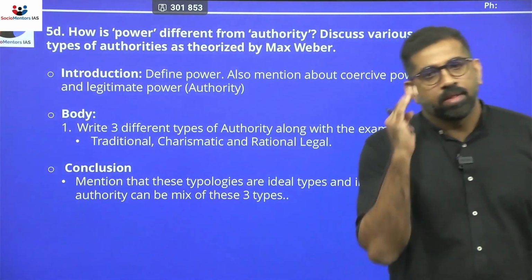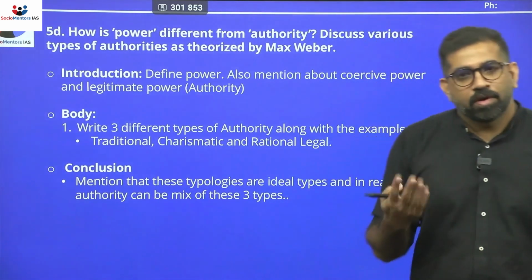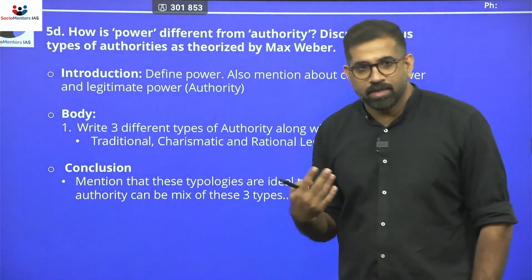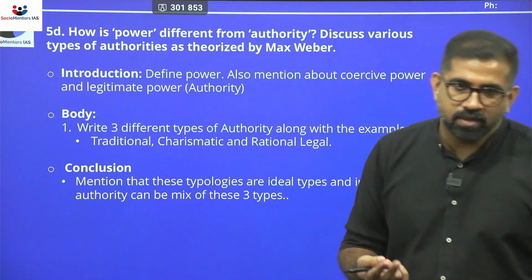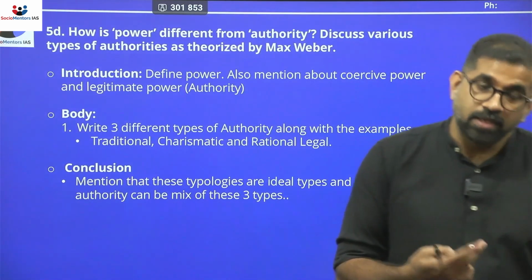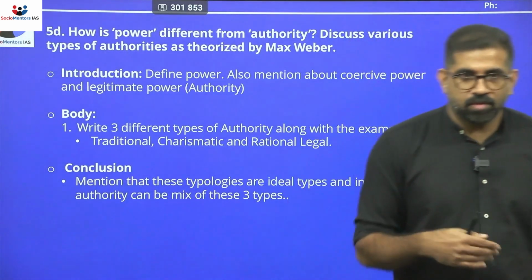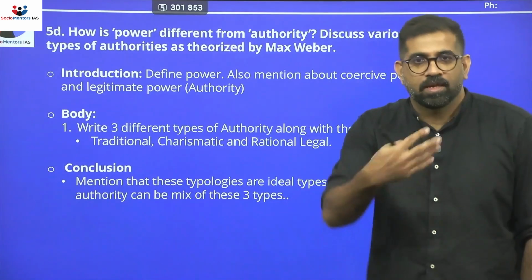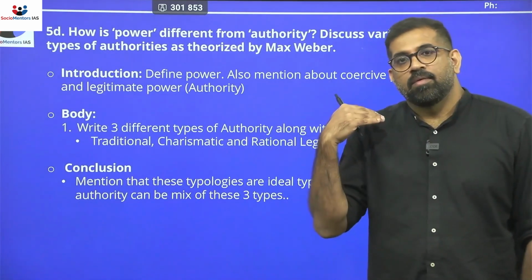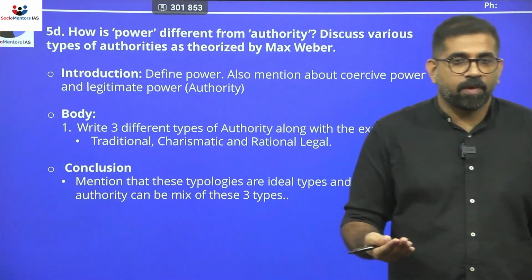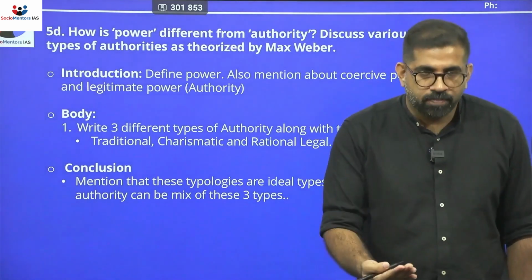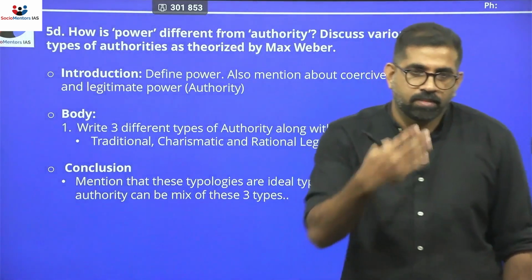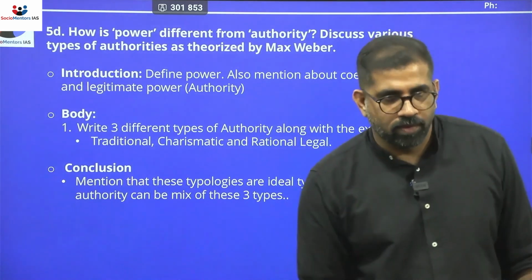That's it. Then, what is authority? How are power and authority different? Power is exercised in two ways. One is coercion, the second is legitimate power. Coercion means you are using force to get that kind of power, and legitimate use of power means the people who are subjected to power accept the power exercised by that particular individual or group of individuals.